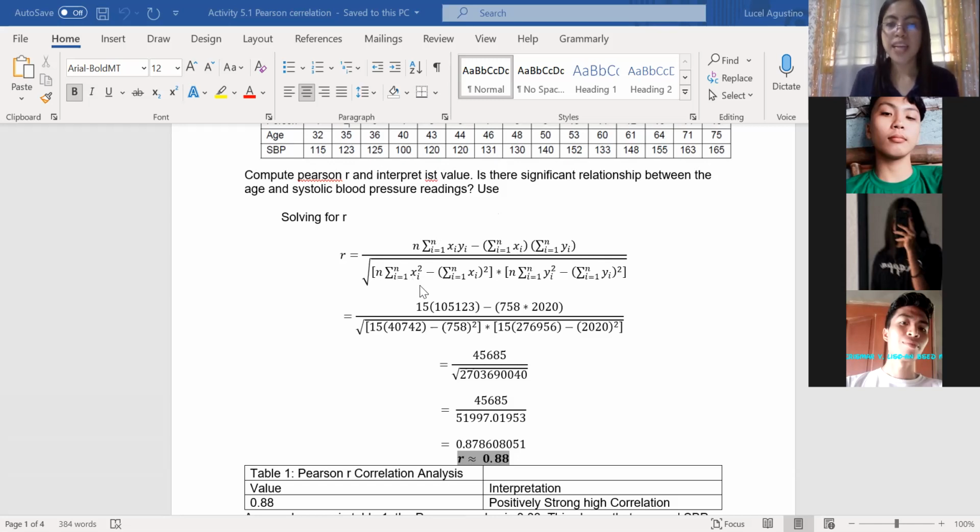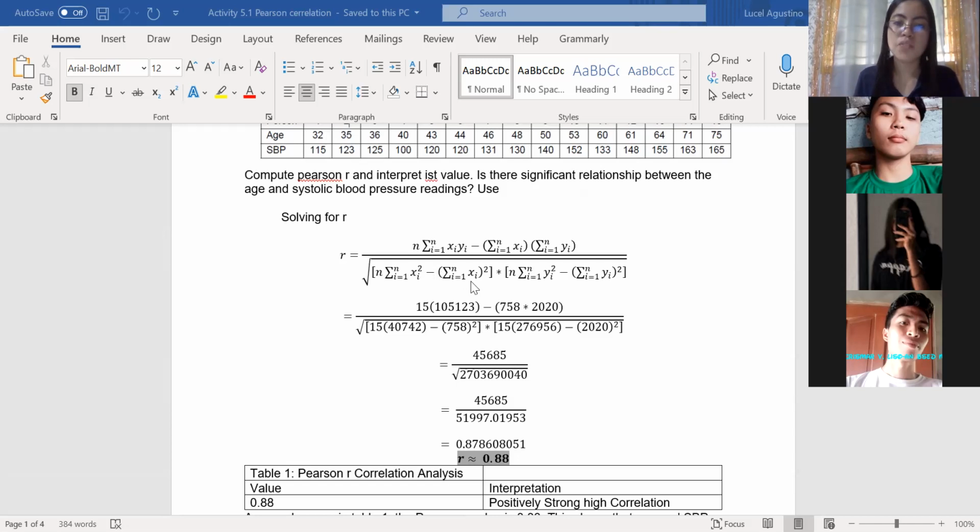And summation of xi squared. So, ang xi, we have 32 squared plus 35 squared plus 36 squared plus 40 squared until plus 75 squared. So, inyo na isa-isahon. Minus sang total niya sang age sang tanan niya age quantity squared. So i-total danay before i-squared.